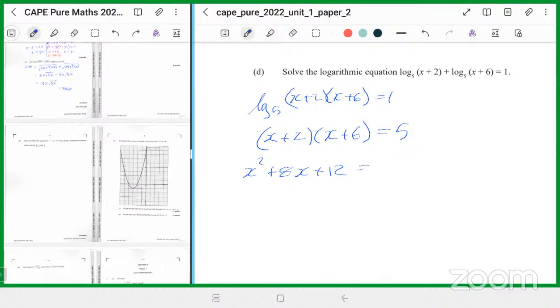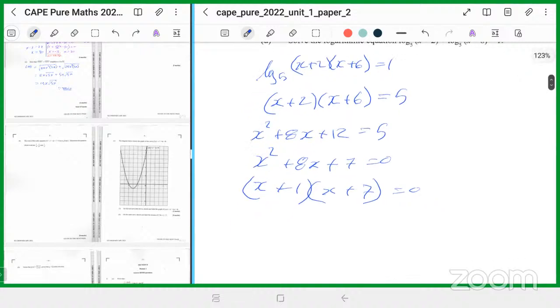And that's all equal to 5. Transpose: x squared plus 8x plus 7 equals 0. Subtract the 5, I get plus 7. Factorize this: (x plus 1)(x plus 7) equals 0.